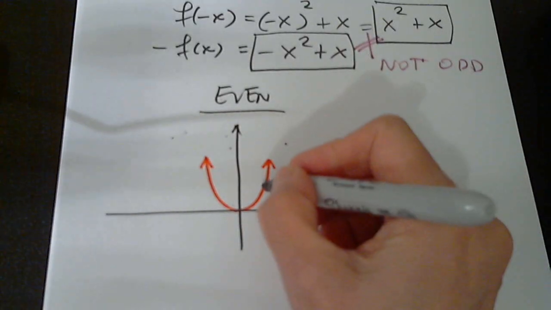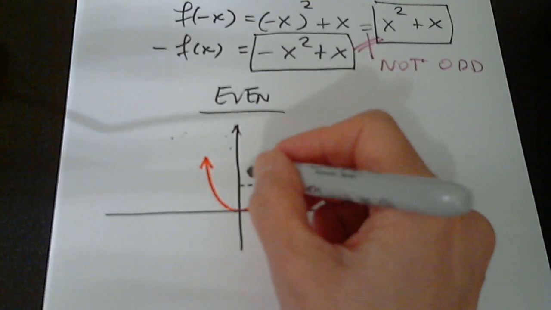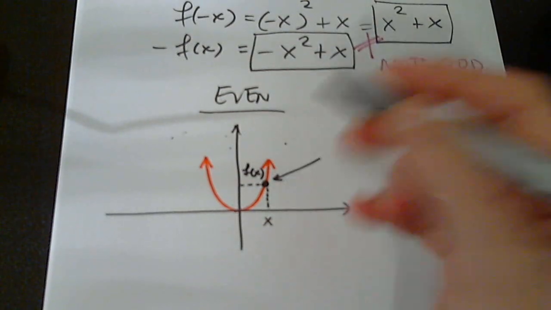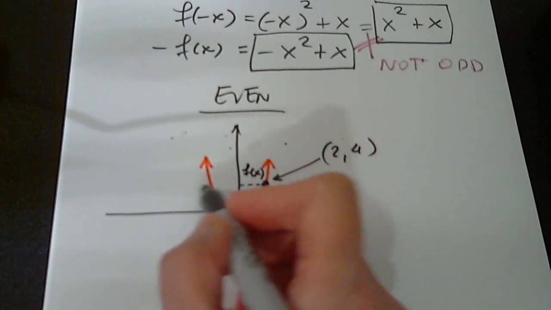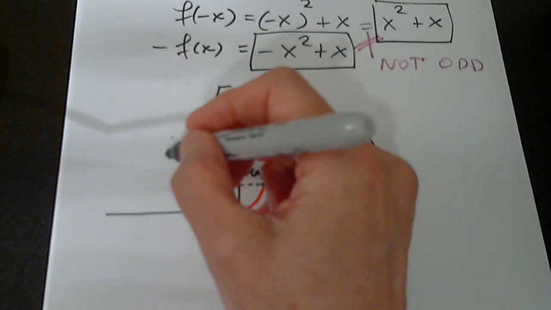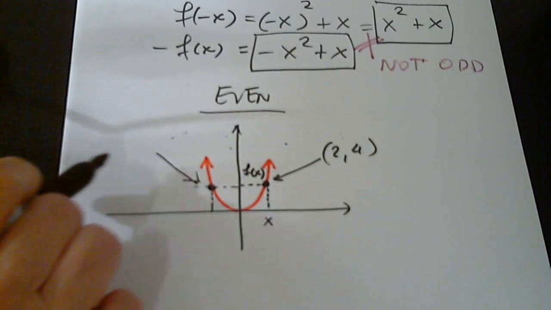Of course, in the same way, I'm going to choose a point here, which is, of course, x, f of x. And let's assume that this is 2, 4. On the other side exactly, what should this point be? If this one is 2, 4, what should this one be?